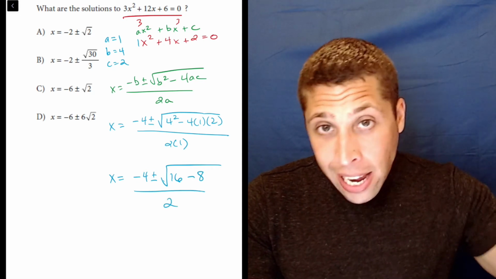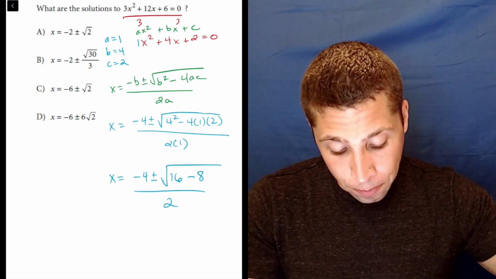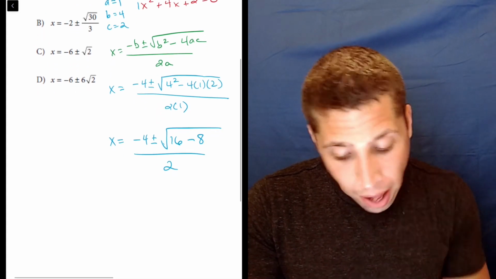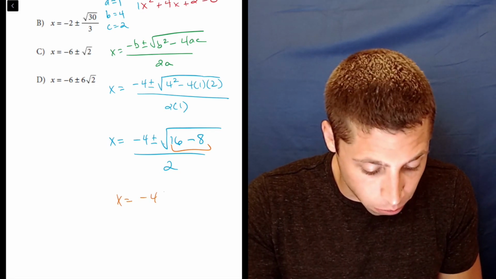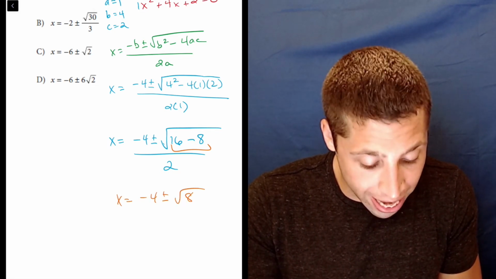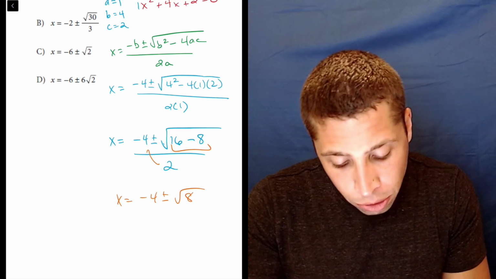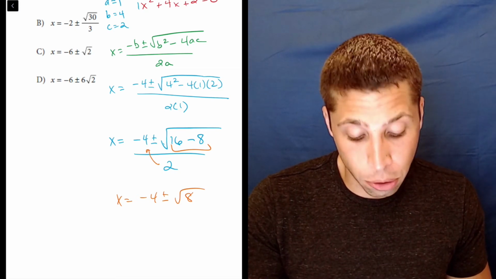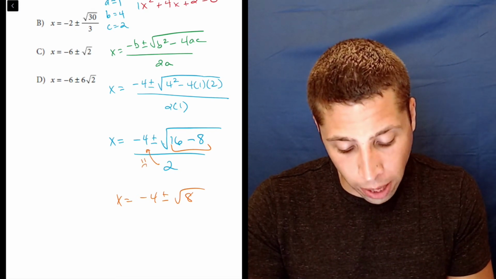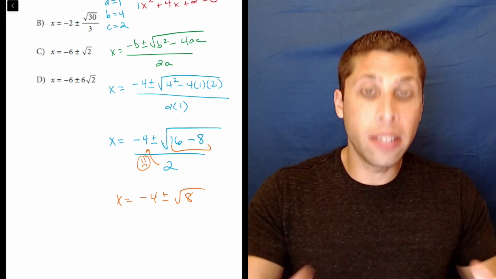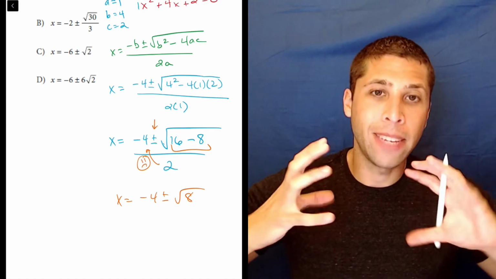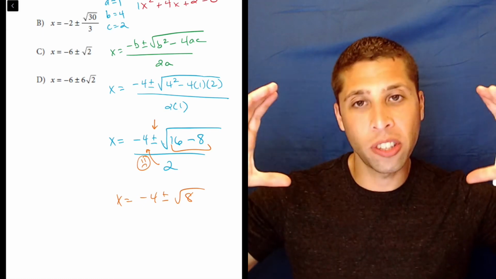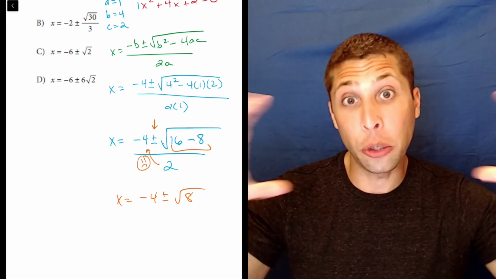Now the mistake most people make is while they combine these two numbers, so x equals negative 4 plus or minus the square root of 8, they also divide these two numbers, 2 and 4. Can't do that. The reason is that this plus or minus forces us to treat the top of this equation as a unit, right?